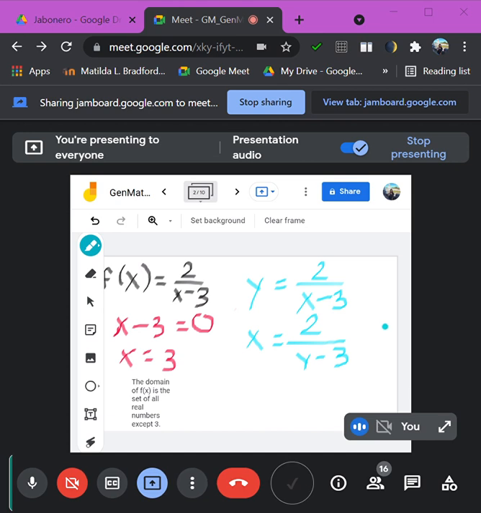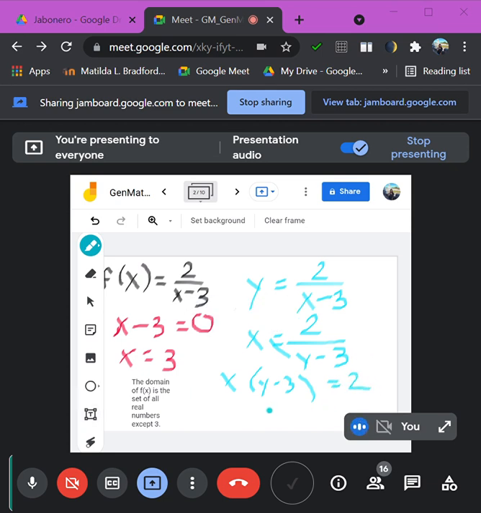After that, you are just going to simplify or cross multiply. When you cross multiply, you have x times y minus 3, and 2 times 1, since x is over 1, so it is equal to 2.